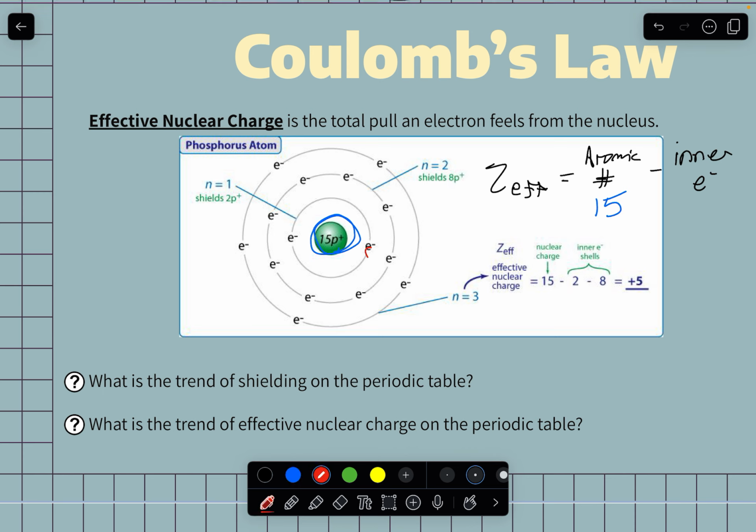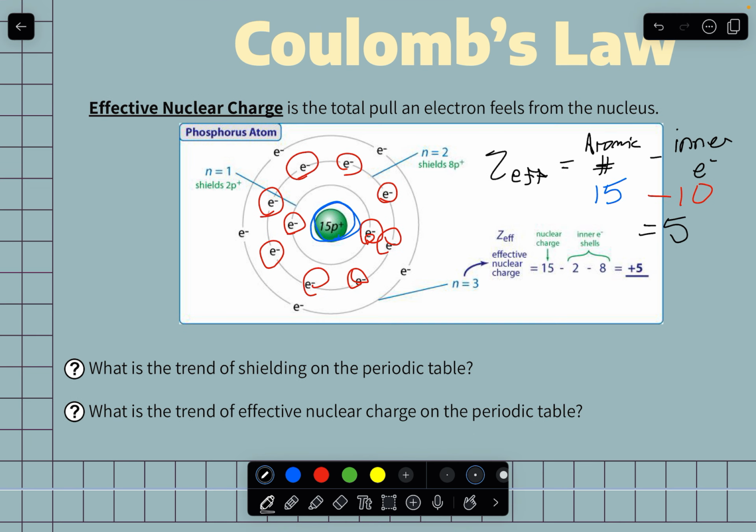We have 1, 2, 3, 4, 5, 6, 7, 8, 9, 10 inner electrons. So our effective nuclear charge is going to be 5 here. Okay, it's always going to be a positive number. If we're talking about, in this case, the nucleus to electron, it's going to be a positive number. So that tells us how strong it's pulling on the electrons.